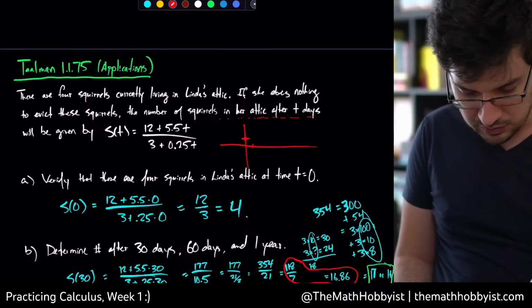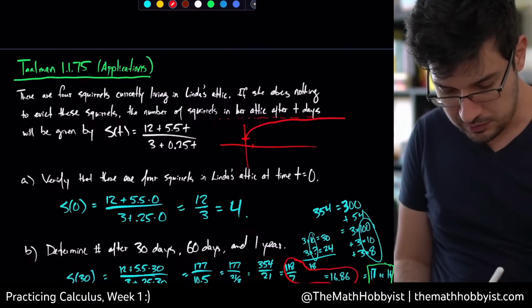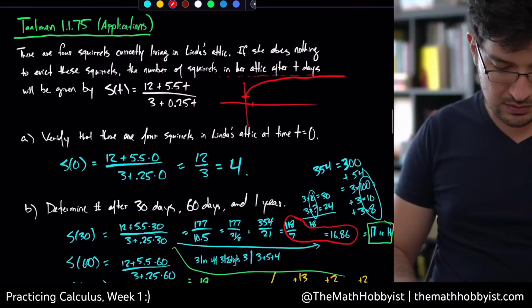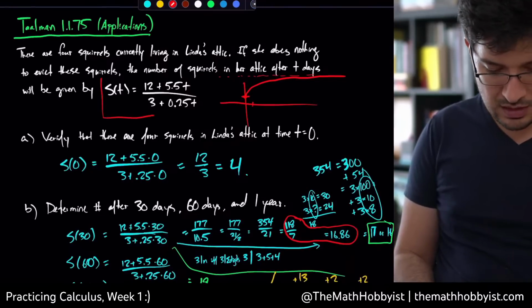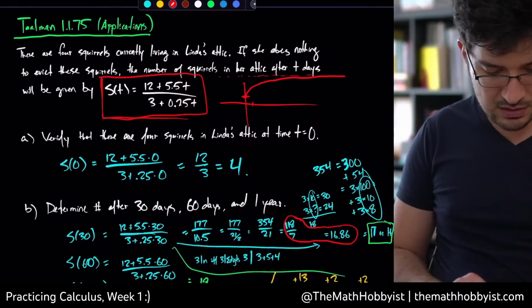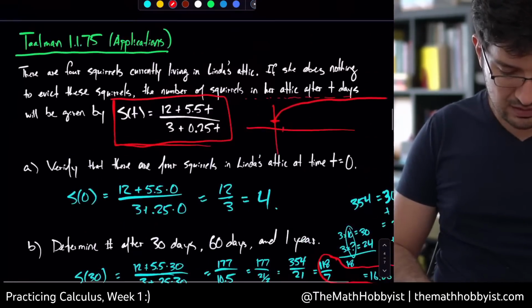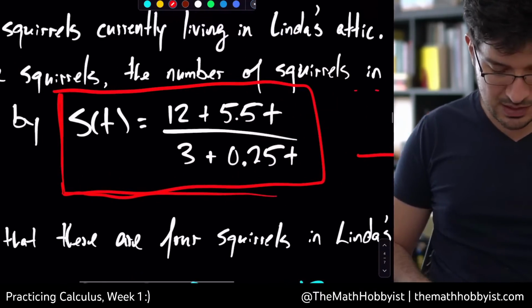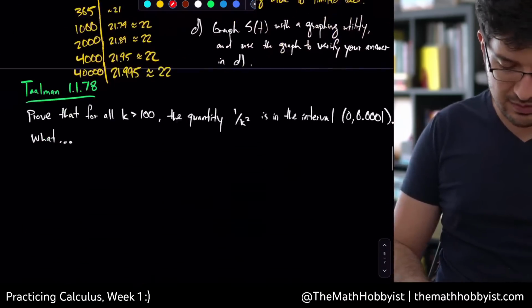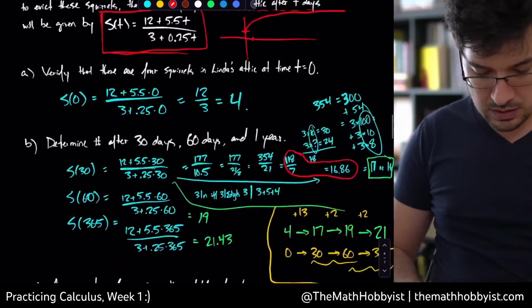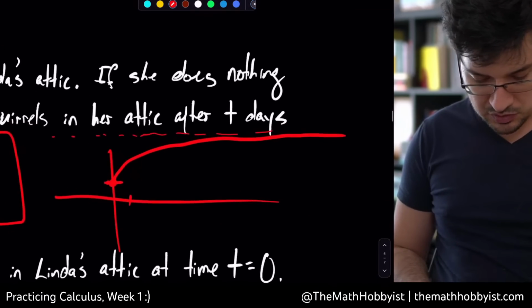This function is going to look something like this. I don't even know if ChatGPT can graph equations yet. So how can I possibly ask? ChatGPT can't do this yet, so I think we're just going to have to skip that problem. But I can imagine that it's going to look something like that.